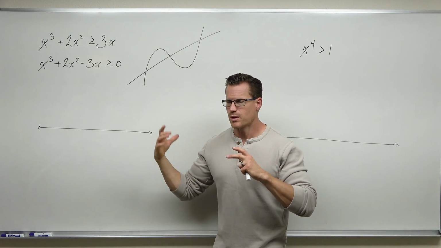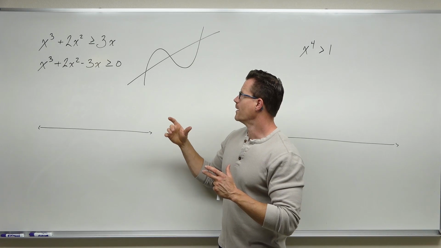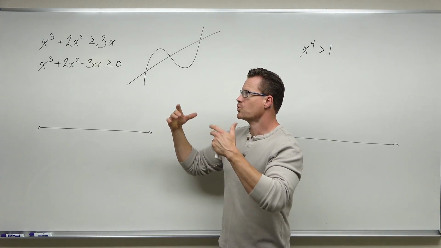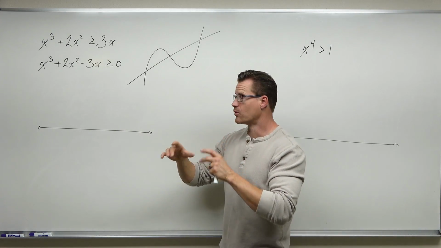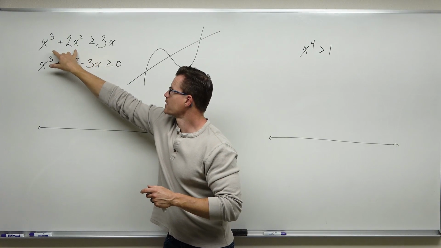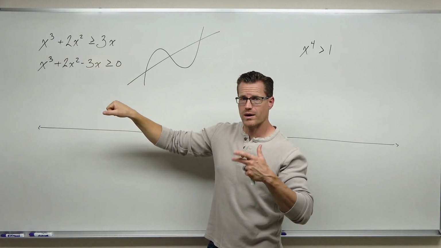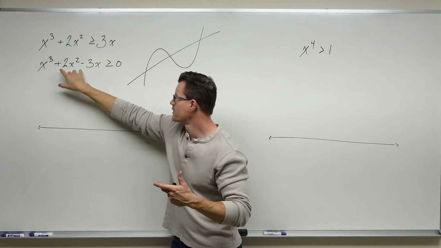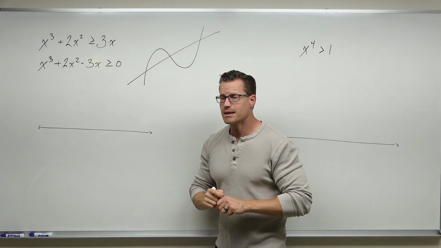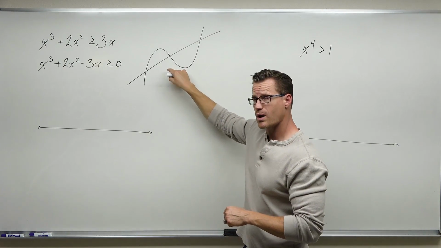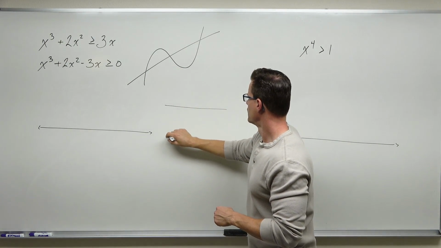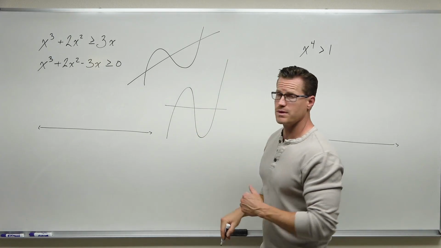Remember that what this question is asking you is where is the interval that causes this function to be more than this one, or where's the interval of inputs where this function is more than 0. It's a slightly different question. It translates this graph into this graph.